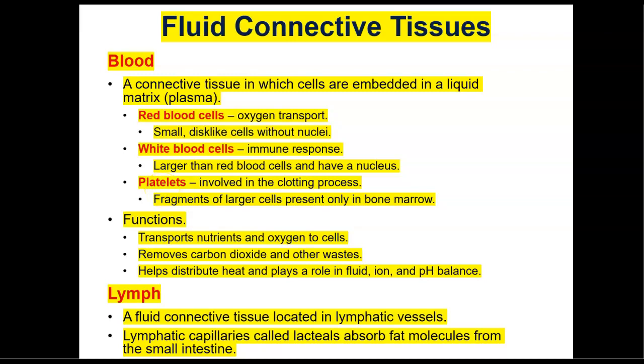So the plasma would be the fluid matrix of blood. Lymph is a fluid connective tissue that's located within our lymphatic vessels, and it contains white blood cells, and then the tissue called lymph is the matrix.